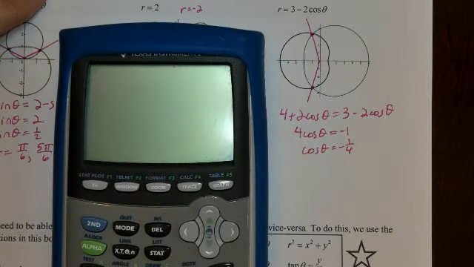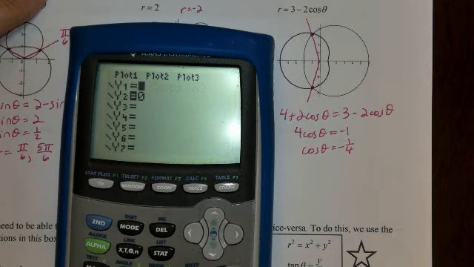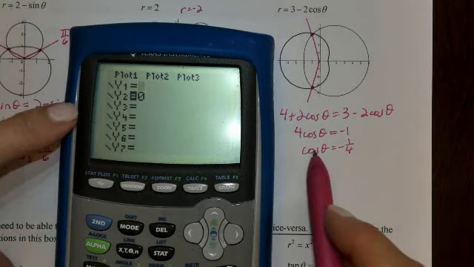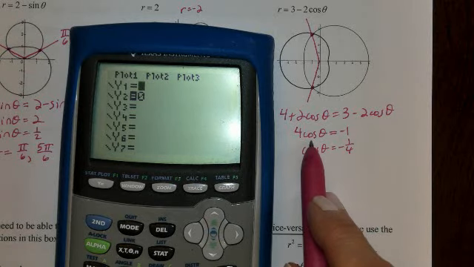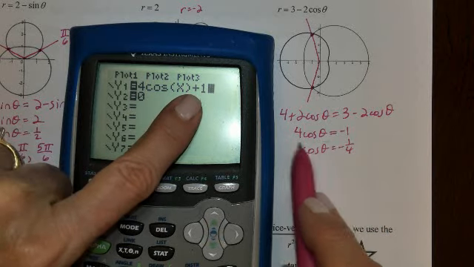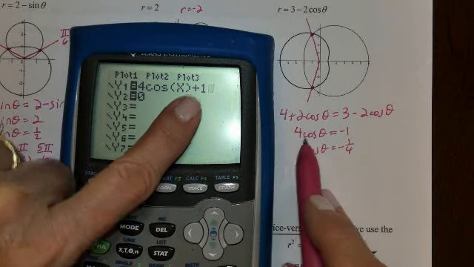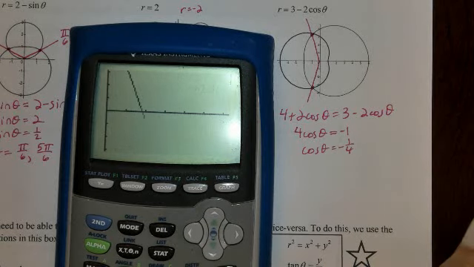So I'm going to do the same thing that we did before. Since I already have this in here, I'm just going to do 4 cosine x plus 1. That way I'm pulling that over to this side, right? And I want it to be between 0 and 2 pi, so that should give it to me.